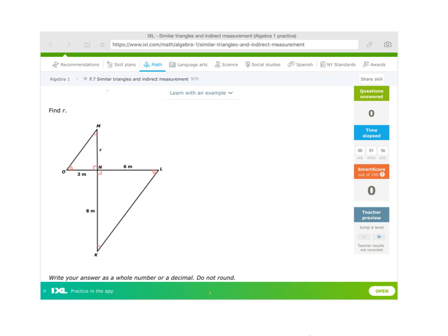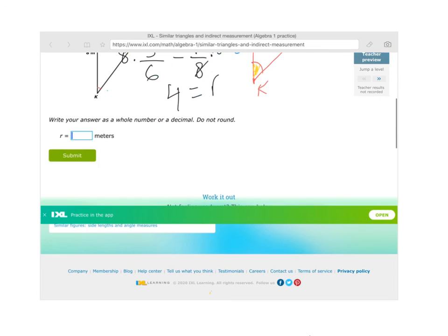Multiply. So let's multiply both sides by 8. So R is 8 times 3 divided by 6, which gives us 4. So this length is 4. So let's plug that in. And that's how we get our answer.